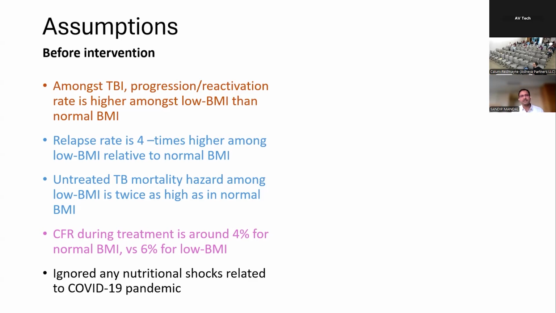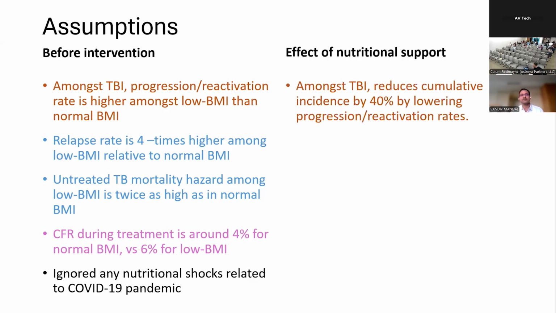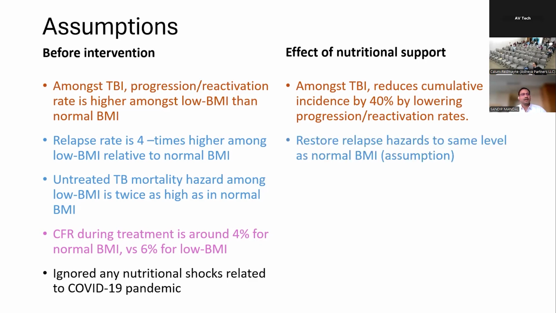Now, these are before intervention. What happens with nutritional intervention? The first assumption is that it will reduce the cumulative incidence by 40% by lowering progression and reactivation rate. Similarly, the relapse rate, which is 4 times higher among low BMI, is completely assumed to be restored to the same level as normal BMI.